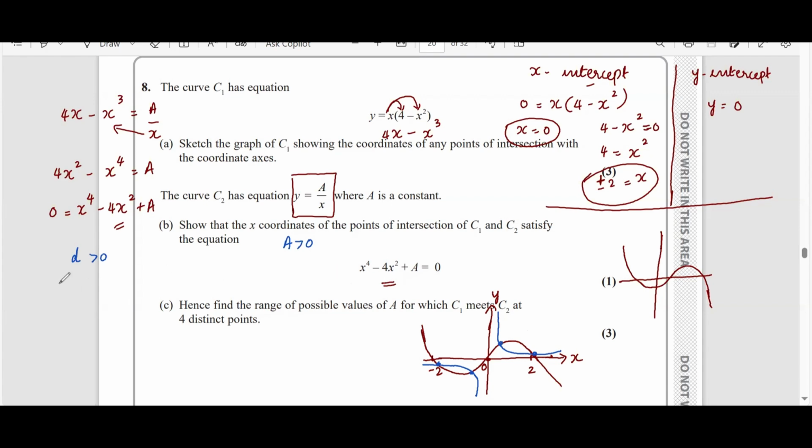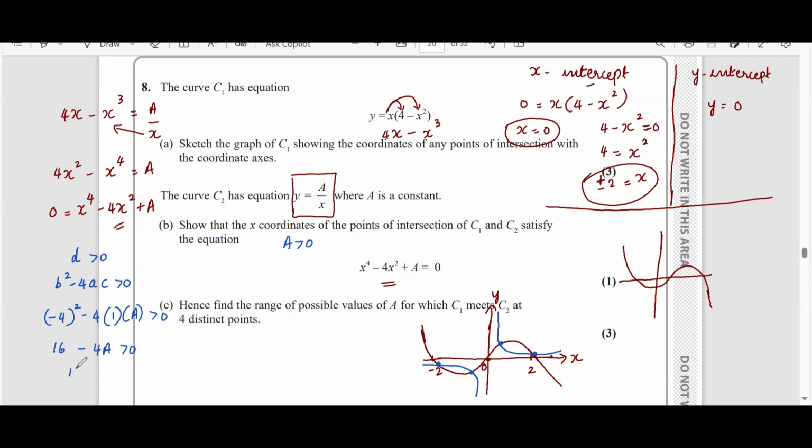So b squared minus 4ac should be greater than 0. b in this case is minus 4, so minus 4 the whole squared, minus 4 into a is 1 and c is a, greater than 0. Minus 4 the whole squared is 16, so 16 minus 4a is greater than 0.